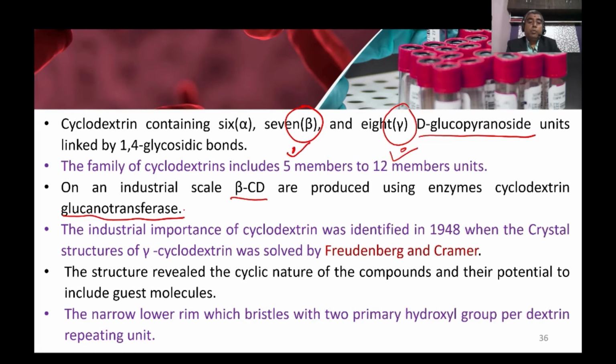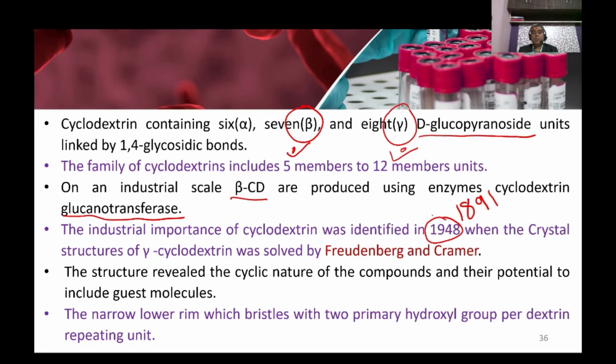The industrial importance of cyclodextrin was identified in 1948 when the crystal structure of gamma cyclodextrin was solved by Freudenberg and Cramer. So it was synthesized in 1891, but its importance was identified and developed in 1948 after the identification of the compound and its structure.